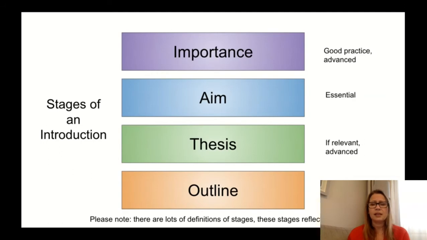If it's relevant and on an advanced level, level 6, quite a few will be looking at a thesis, particularly if you're doing a research assignment. And it's essential that you provide an outline of what you will be discussing in the assignment as well. So they're the core areas, and we'll look at those in a little more detail.